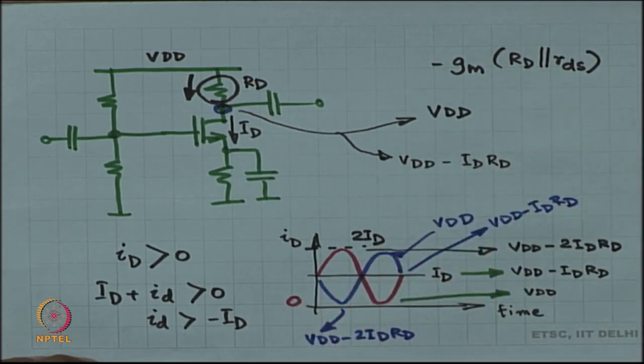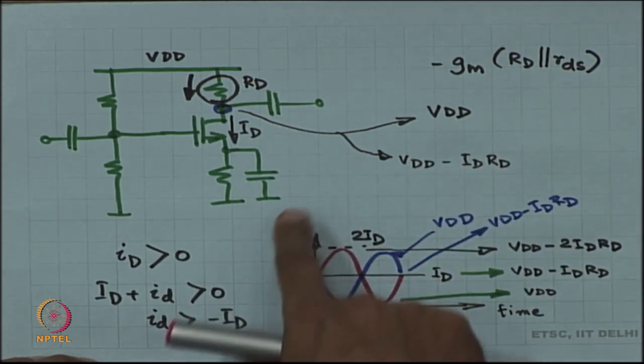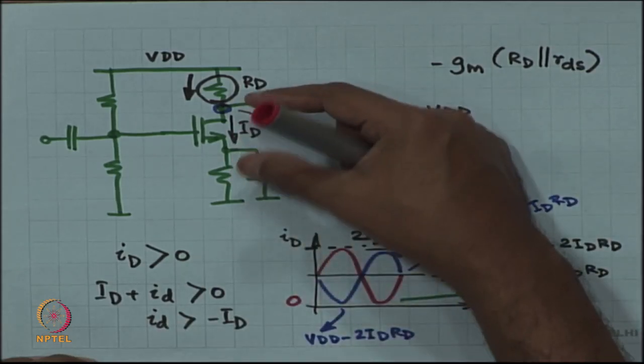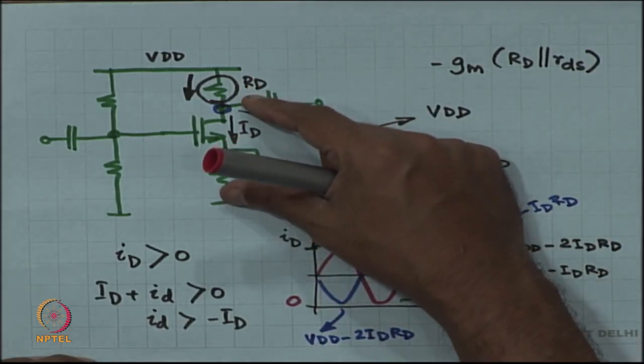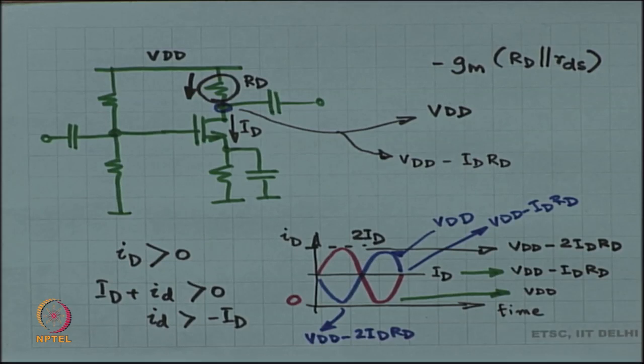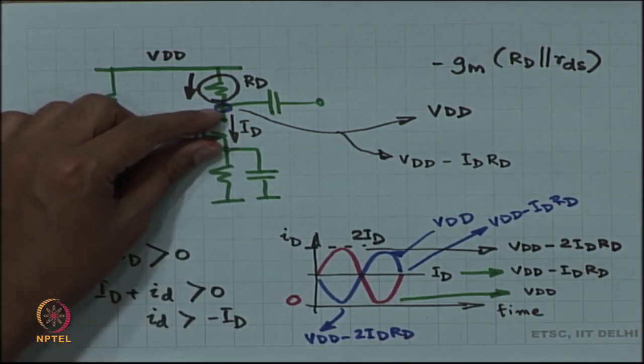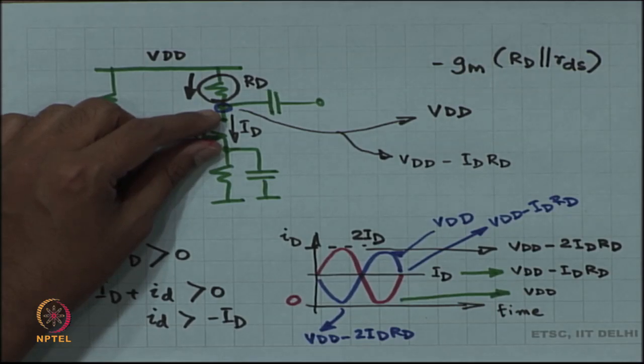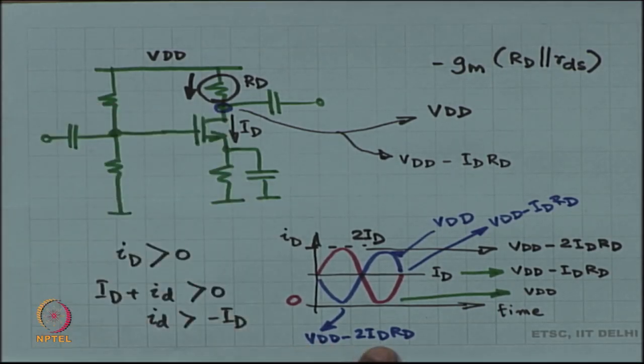In this calculation we did not look at VDS at all, right. VDS also has some limits. So, this is assuming that VDS does not limit you. VDD minus 2 ID RD is assuming that VDS is not going to limit you, right. For this particular situation, VDS could have limited you.